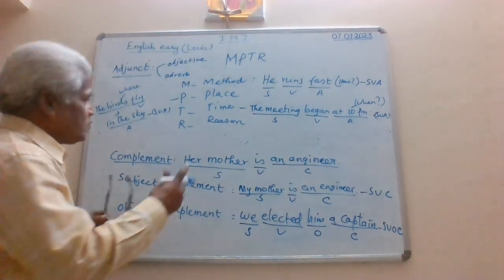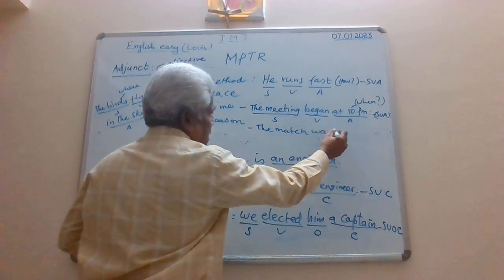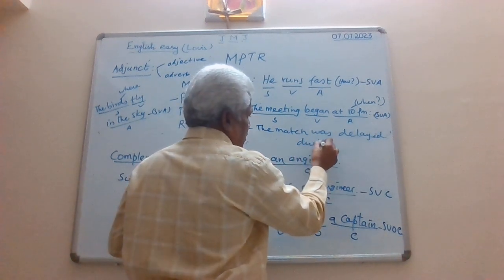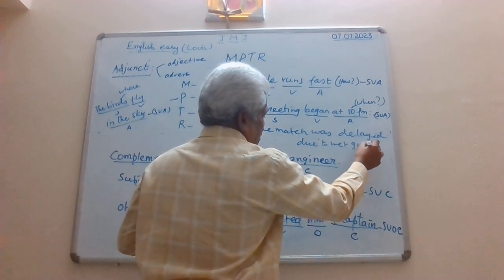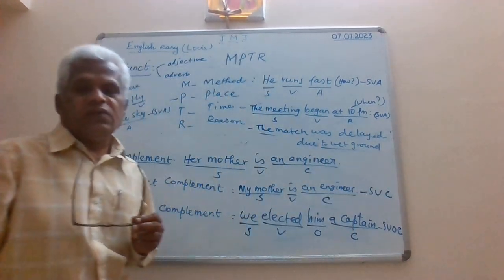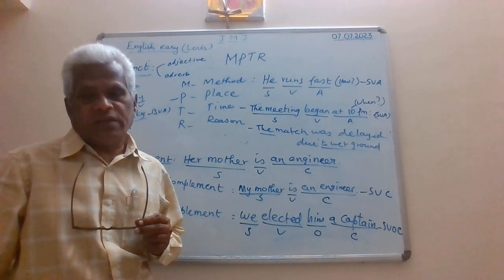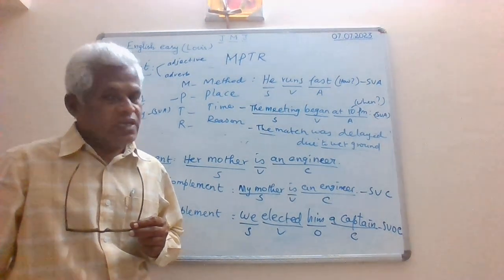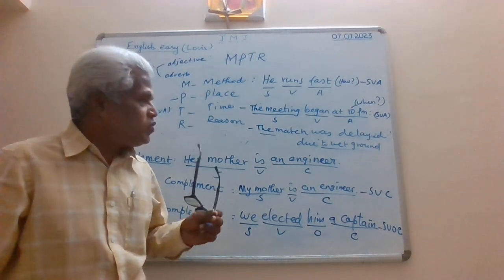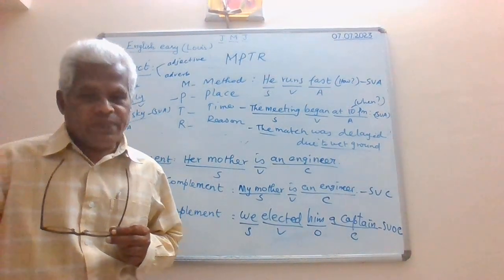The wet ground, of course, will tell you why the match was delayed. It will answer the question why. It will tell you the reason. Therefore, the match is your subject, was delayed is your verb, due to wet ground is your adjunct there.